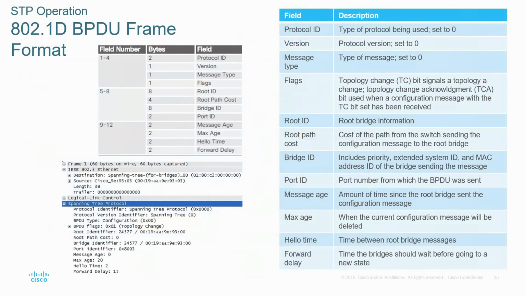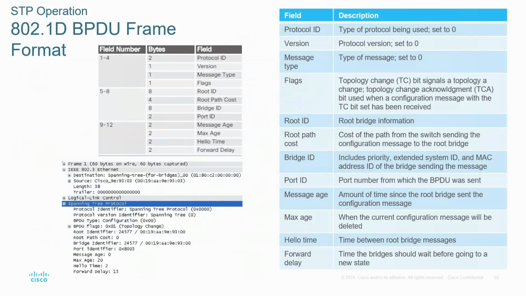And the BPDU frame has a certain set of fields. The first four fields, as we see here, are the protocol ID, set to 0 by default, the version, the message type, and the set of flags. The flags basically allow the switches to tell each other what has happened.